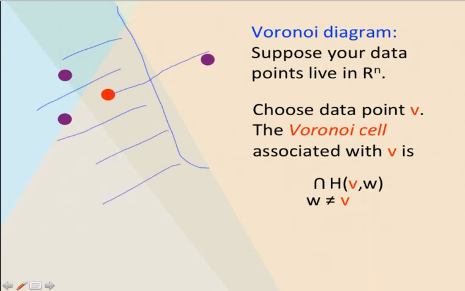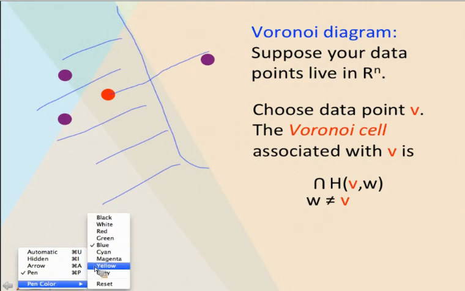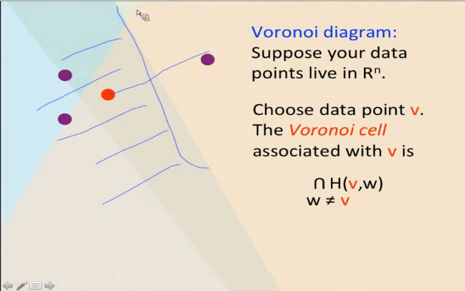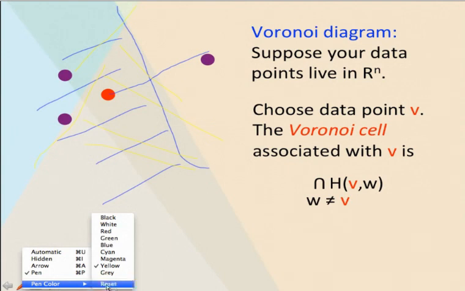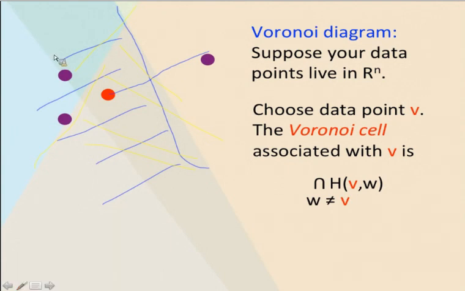And similarly, I do the perpendicular bisector between these 2 points, and I shade in the side that contains the red vertex. And similarly, we do the perpendicular bisector for my last one here.